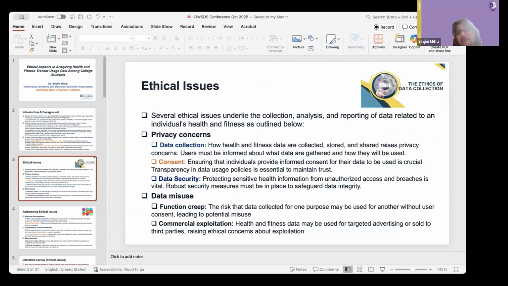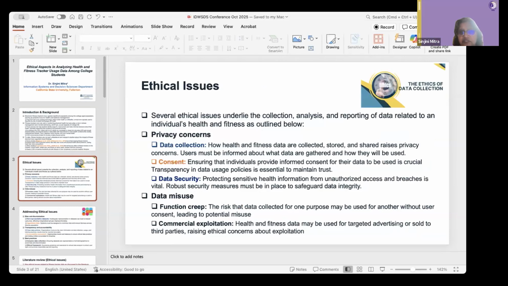Some ethical issues, and these are kind of general and probably relate to a lot of health-related studies which involve data related to people's personal health. These ethical issues underlie collection, analysis, and reporting of data related to an individual's health and fitness. So there are privacy concerns, and I'm just going to go through them quickly.